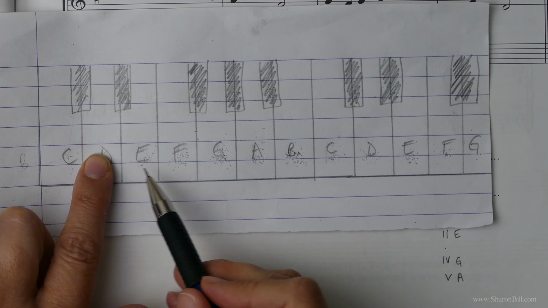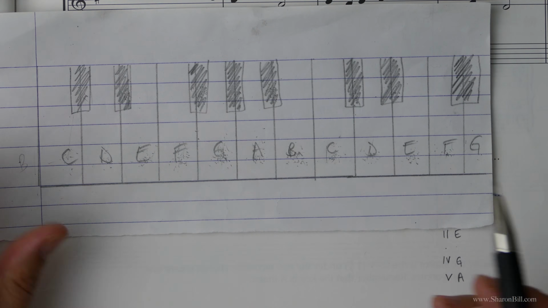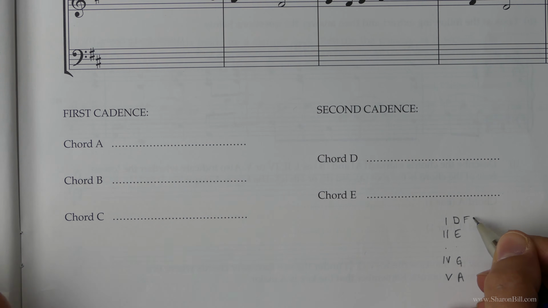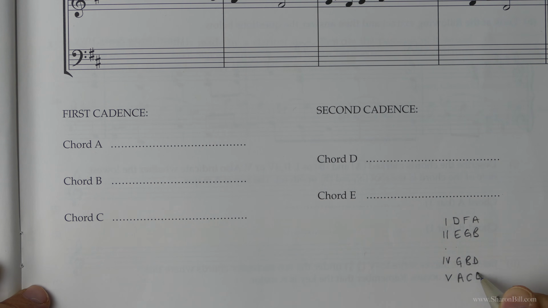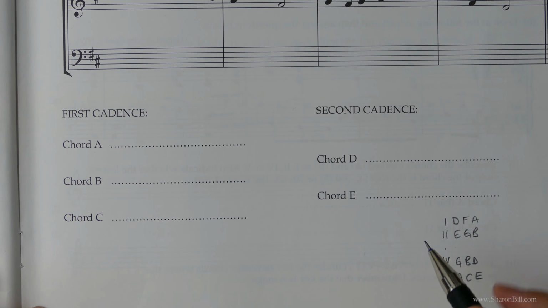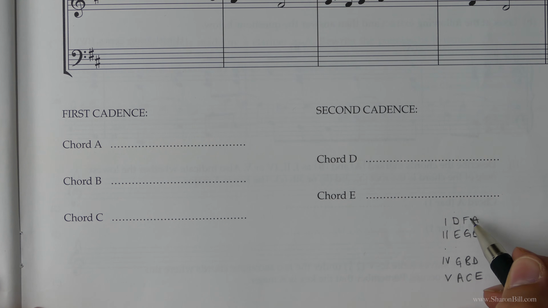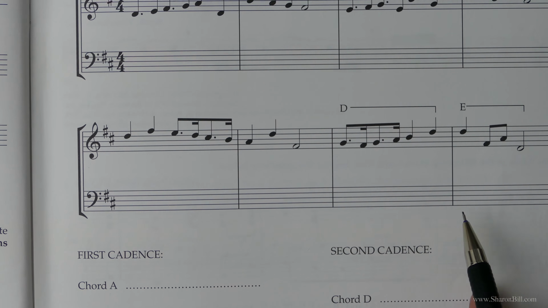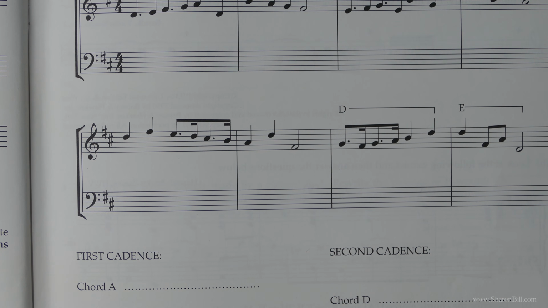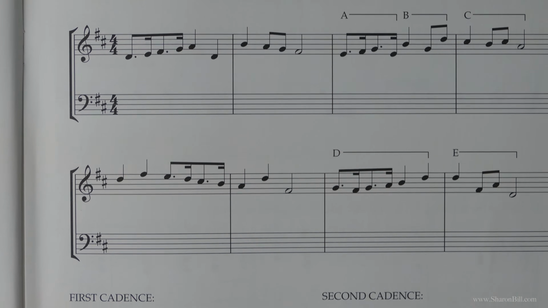So just counting 1, 3, 5. So we want D, F, A, E, G, B, G, B, D, A, C, E. We can't choose whether it's root position or any of the inversions because we've got no bass notes. So we can't give any specifics, we just need to choose chords to give these cadence points.